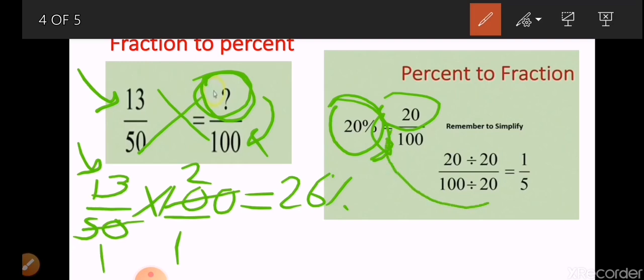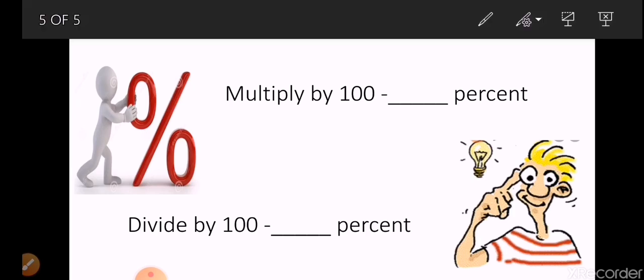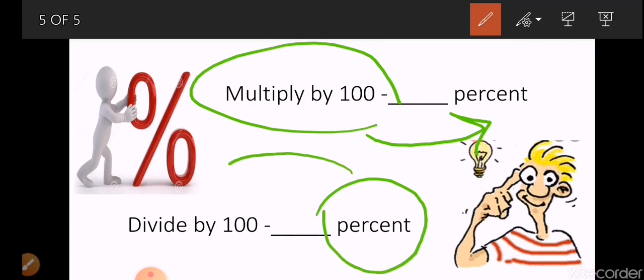Then you can simplify your fraction by dividing to put it in the simplest form. So let's remember the rule again. Any form I want to get the percent from, we should multiply by 100. It will give me the percent. But if you have the percent and you want to change it to another form, you should divide by 100.